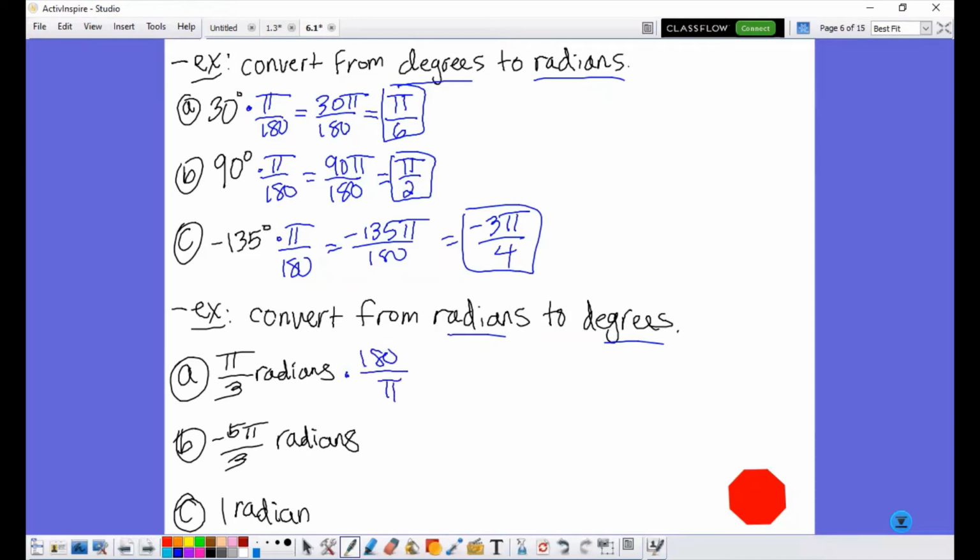You can see the pi in the numerator is going to cancel with the pi in the denominator. As we multiply across, what we have left here is 180 over 3. That leaves us with 60, and that is a degree, right? So 60 degrees.